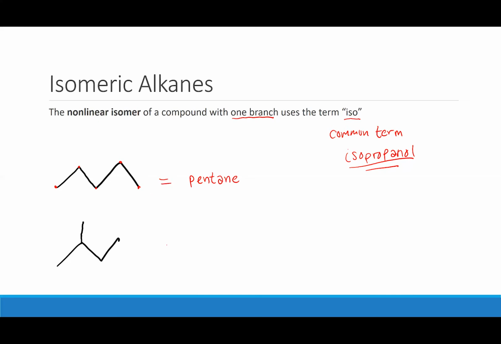The structure below we could call isopentane, and that's because it also has 1, 2, 3, 4, 5 carbons in it, but rearranged.